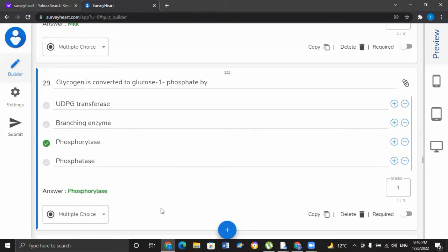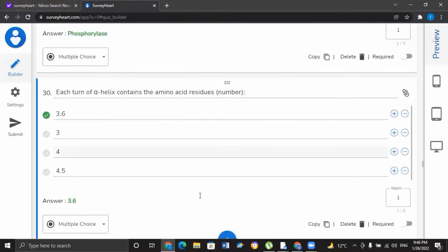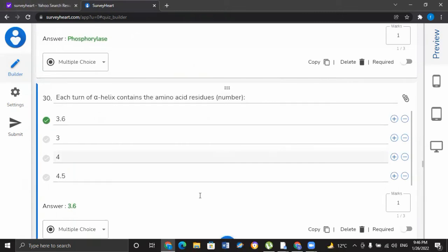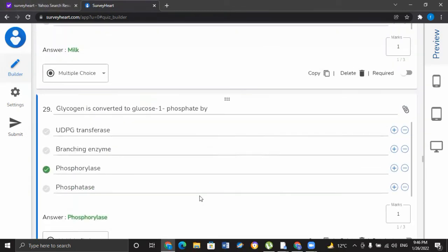So the correct option for MCQ number 29 is C, phosphorylase. The UDP transferase is actually used in glycogenesis, and the branching enzyme is also used in glycogenesis. So the enzyme left behind is phosphorylase, that is option C for MCQ 29.